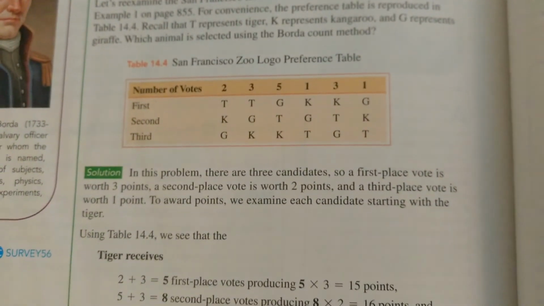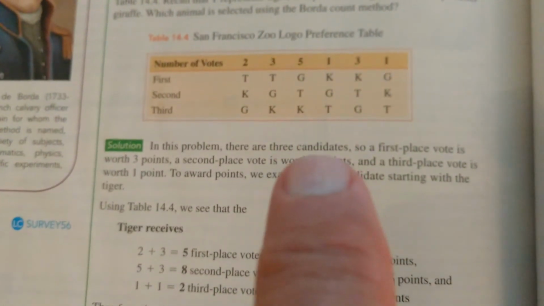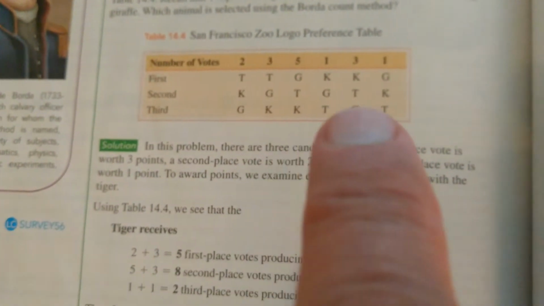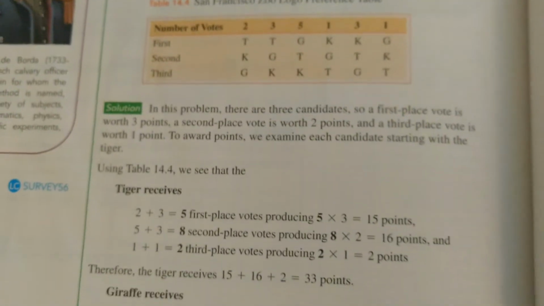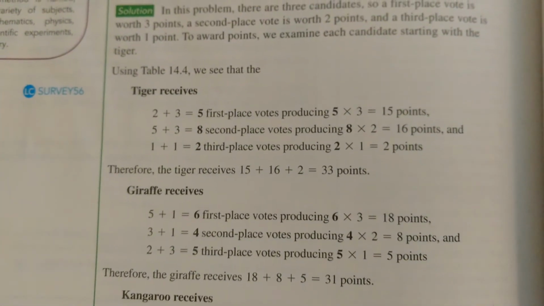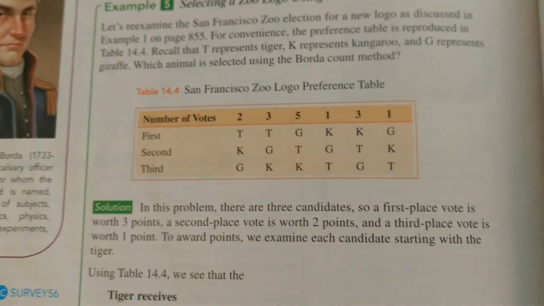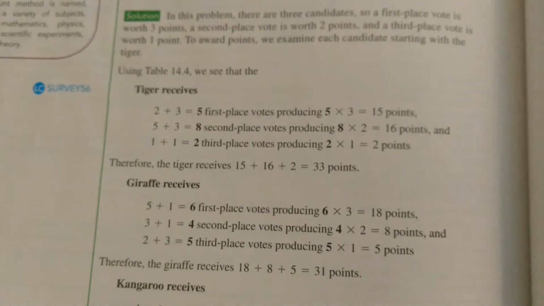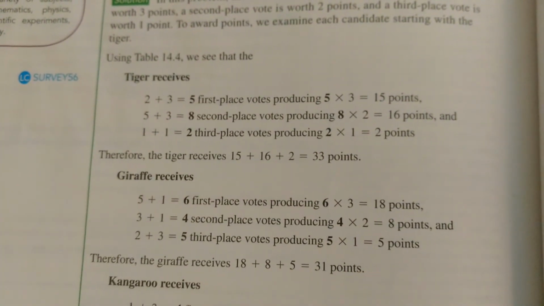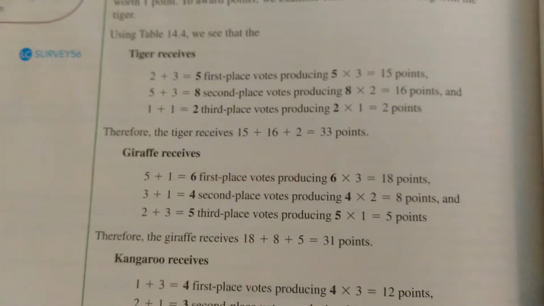Tiger had 5 and 3, which is 8 second place votes. 8 times 2, we get 16. And then the Tiger had 2 third place votes. 2 times 1 is 2. So 15, 16, 2 gives them 33 total points.